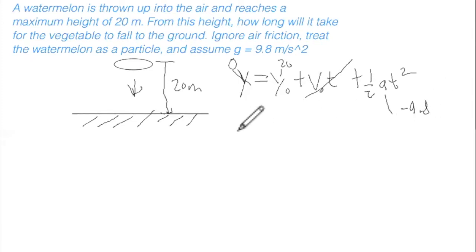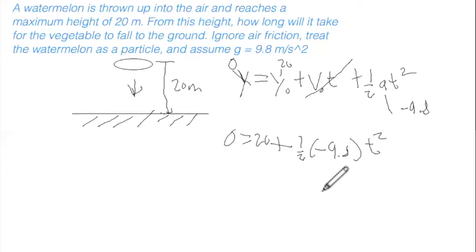All right, so we just write out our values. And we're just solving for t. We'll bring this term to the left side. We know 1/2 of 9.8 is 4.9.